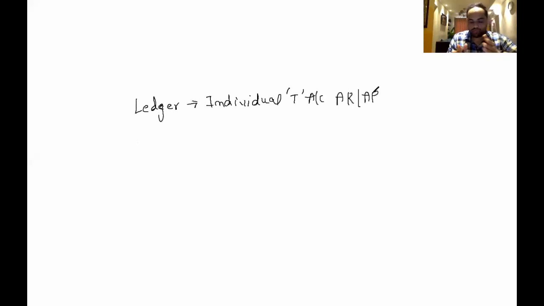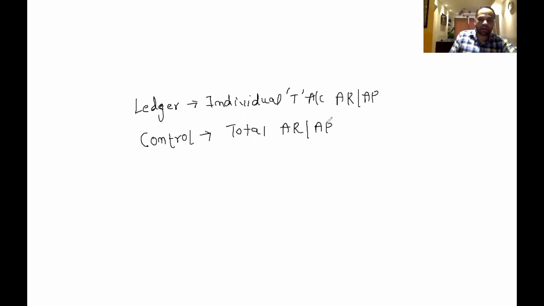Because we focus more on control accounts, after the ledger we do control accounts, where we prepare the total of accounts receivable or accounts payable all in one account.